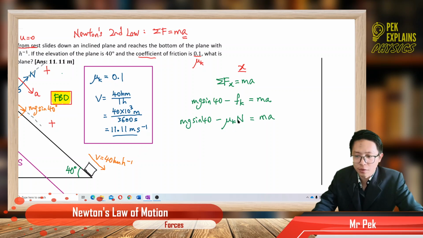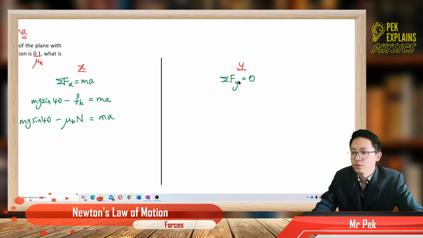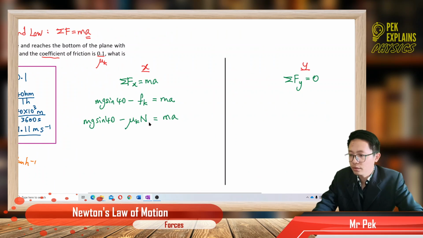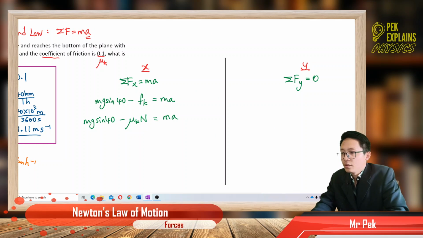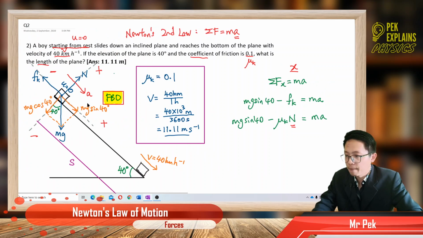To find the normal force, we need to do the y component. So let's do the y component. The y component has no acceleration, so going up is positive, going down is negative.